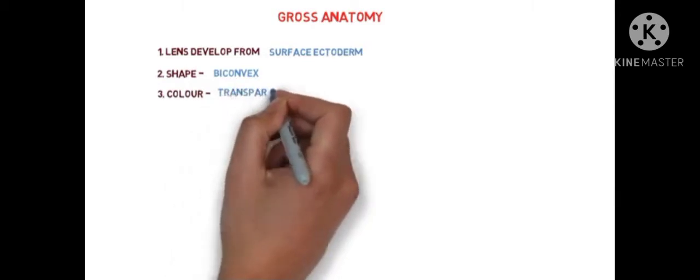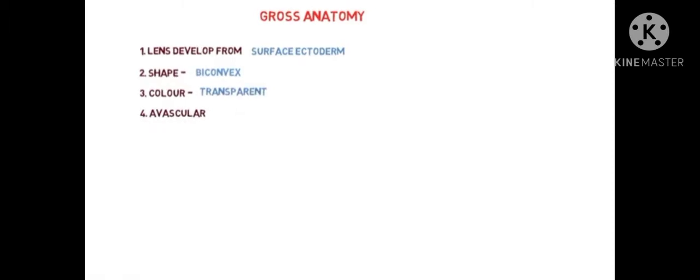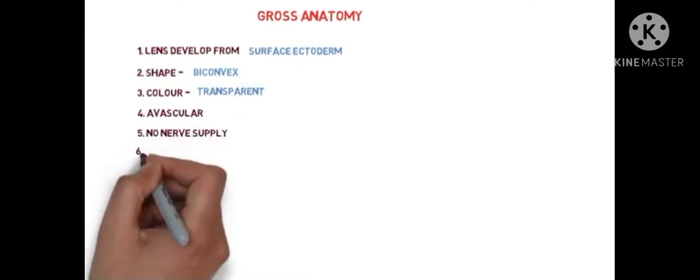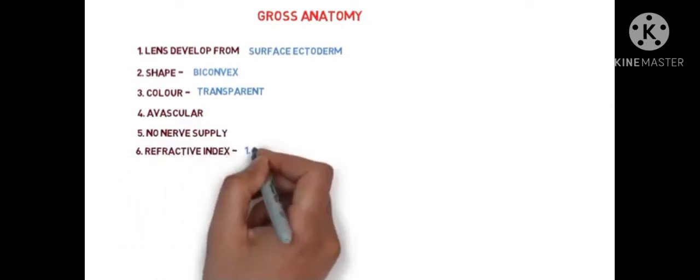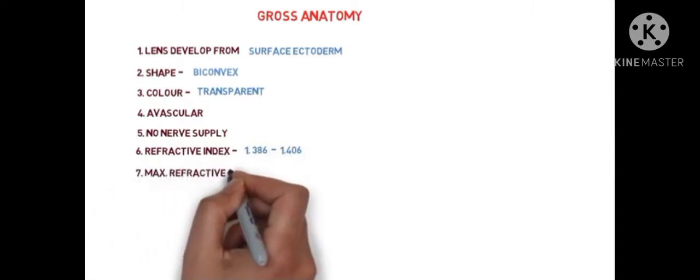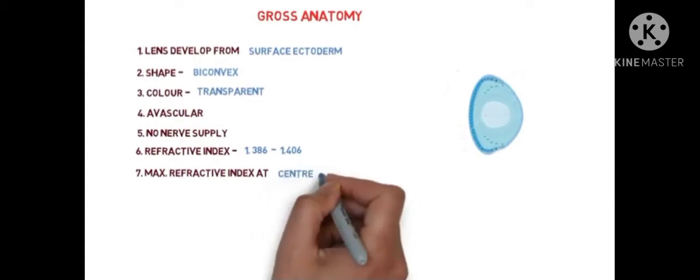The color of a lens is transparent because there is no blood supply to the lens, that is, it is avascular in nature. There is no nerve supply. The refractive index of a lens is between 1.386 to 1.406 and the maximum refractive index is present at the center of the lens.